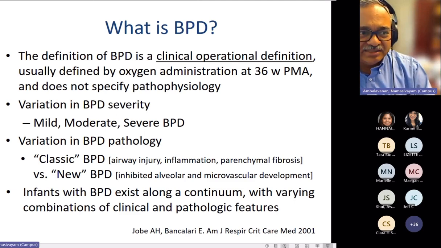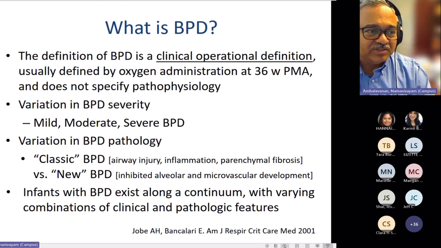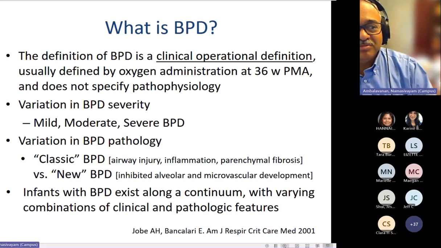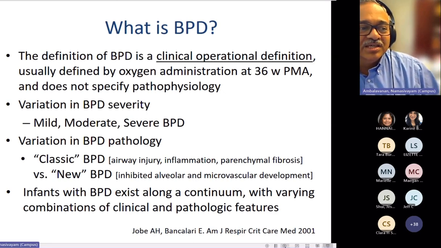So what exactly is BPD? That's something we all try to diagnose in our preterm babies, generally when they are stuck on the ventilator or need oxygen beyond 36 weeks postmenstrual age. But that's a kind of a circular definition because it's defined by oxygen administration at 36 weeks, and it doesn't specify what exactly is wrong with the lung at that time point.